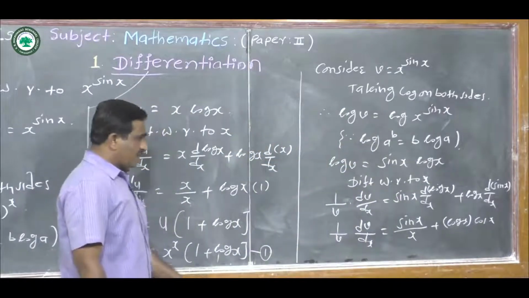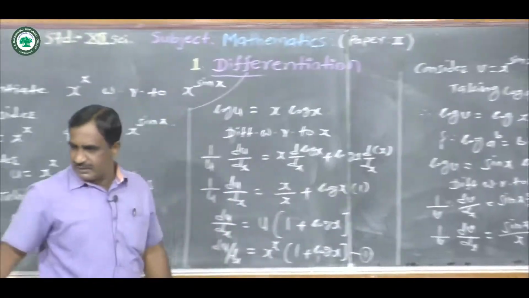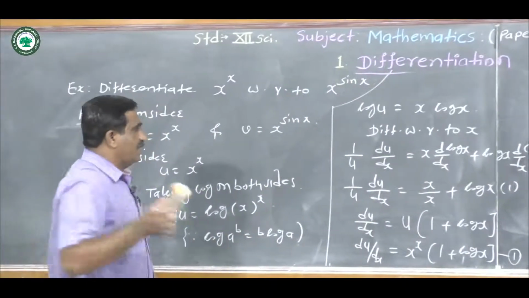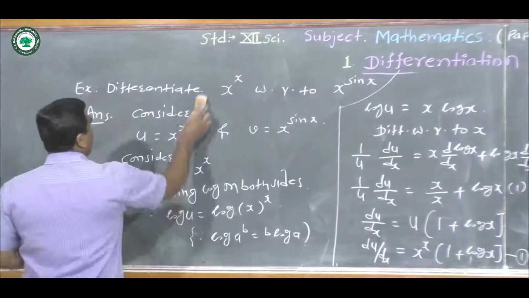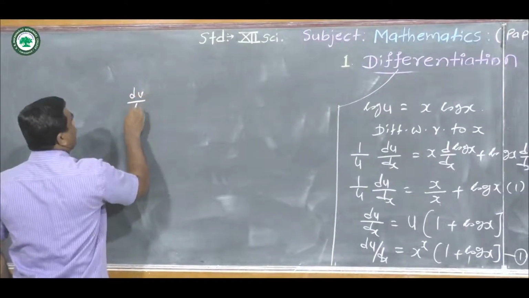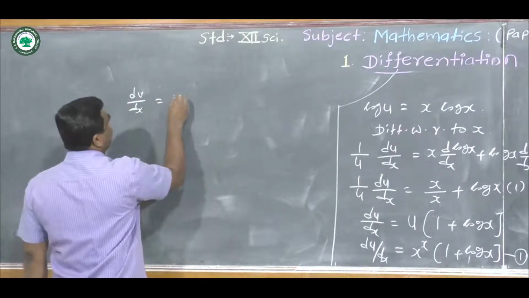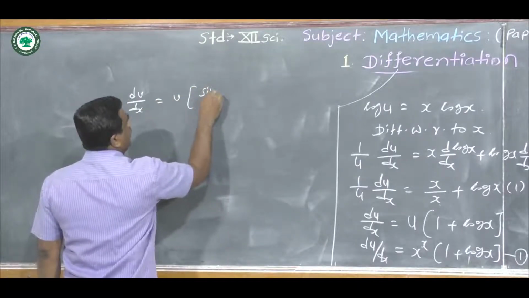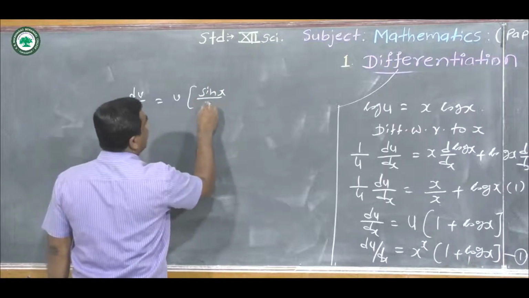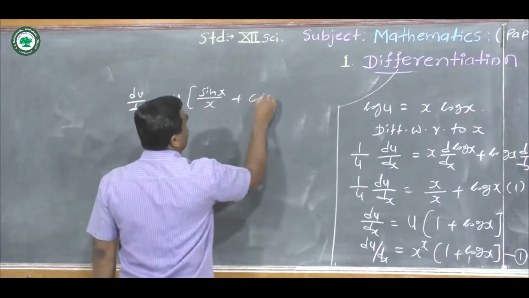Further we can take this 1 upon v to the other side and put the value of v, then we can write here dv by dx is equal to v into in bracket sin x upon x plus cos x into log x.